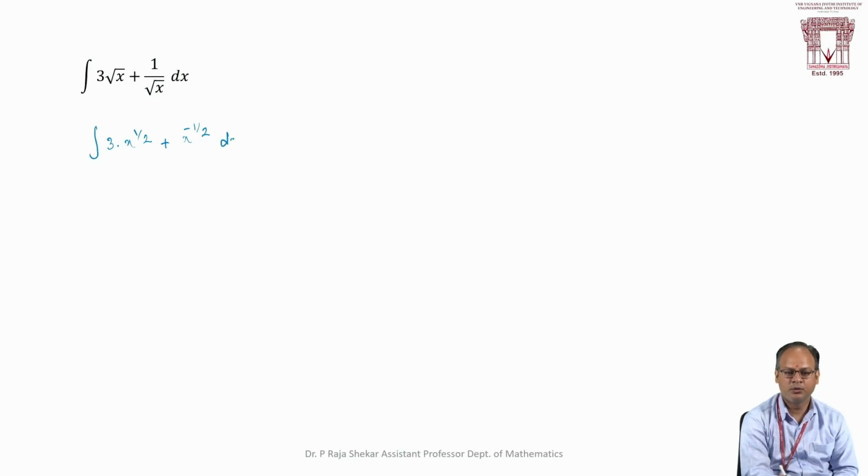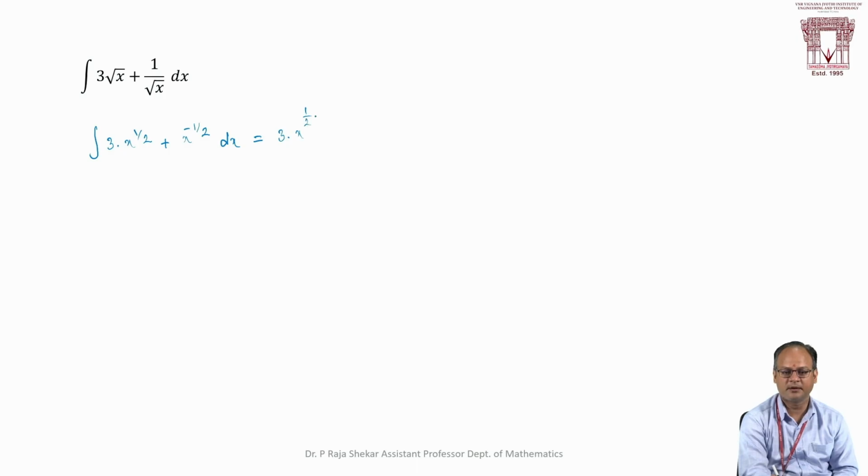First we put both of these in the form of x to the power n. In the first term, n is equal to 1 by 2. In the second term, n is equal to minus 1 by 2. So this comes out to be 3 into x to the power, what is that formula?